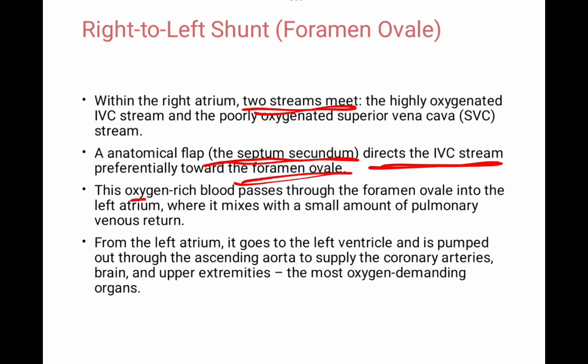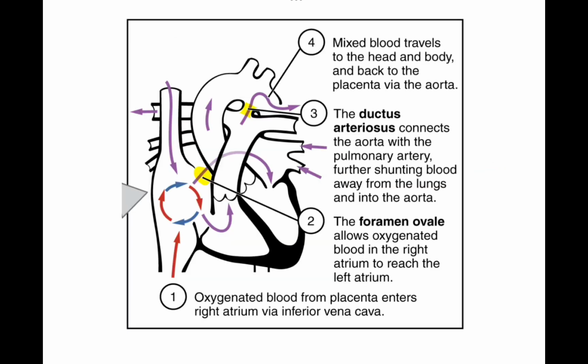So this oxygen-rich blood passes through the foramen ovale into the left atrium. This is the foramen ovale here. The foramen ovale allows oxygenated blood in the right atrium to reach the left atrium. So there's blood in the right atrium, a mixing of oxygenated and deoxygenated blood.